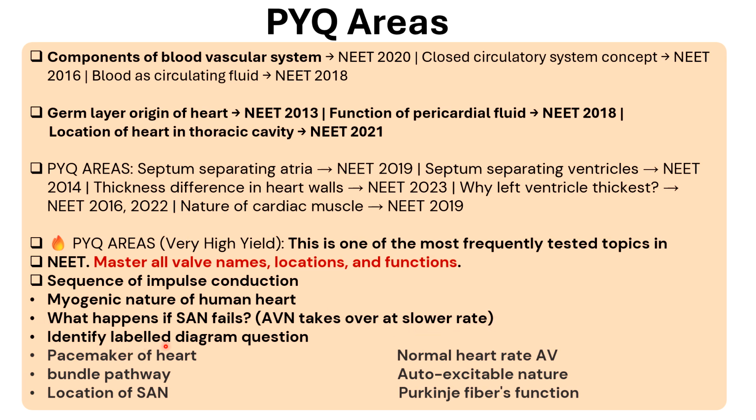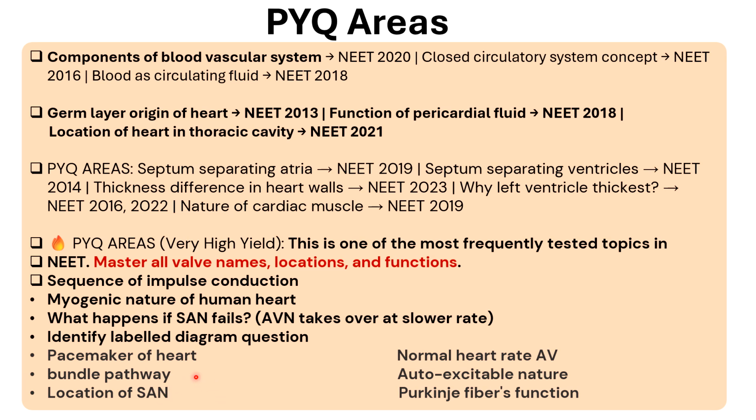Then you might be asked to label diagrams, a diagram-based question. What is known as the pacemaker of the heart? That is your SA node. The bundle pathway we already discussed. Where each node is located is also important, like the SA node, located in the right upper side of the right atrium.